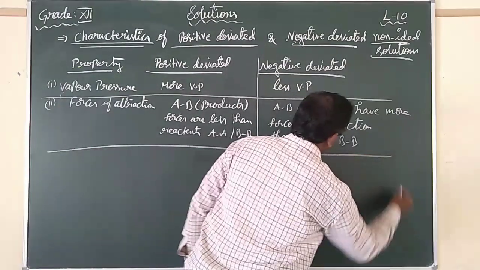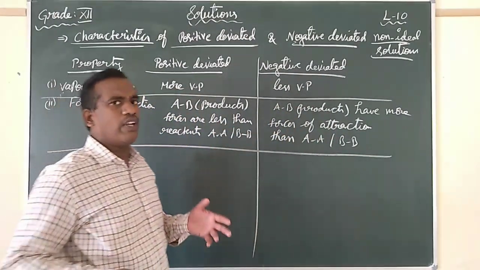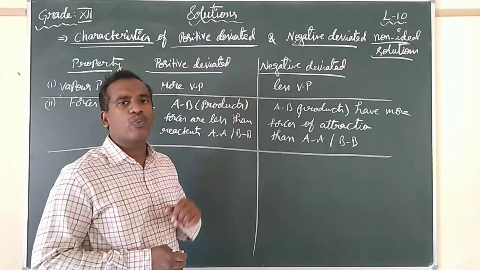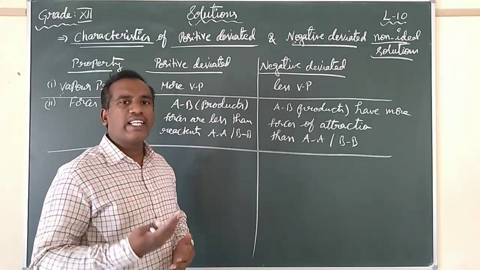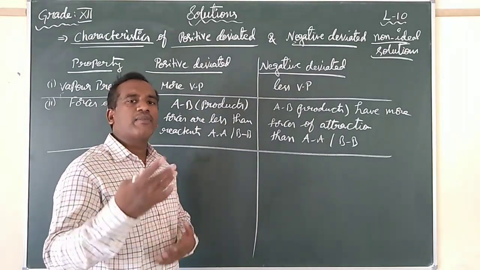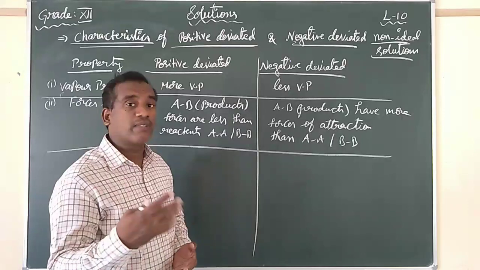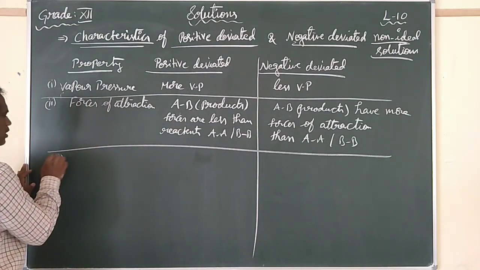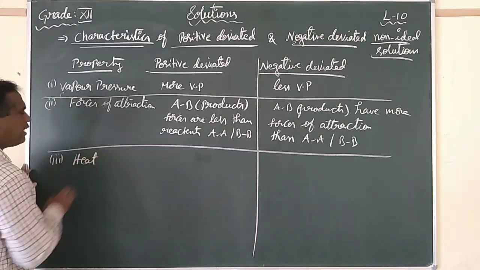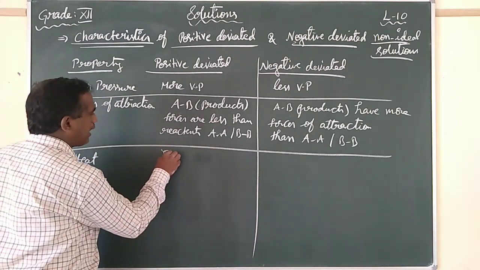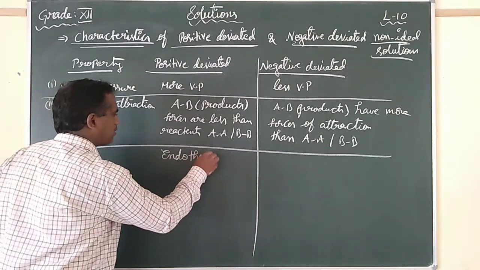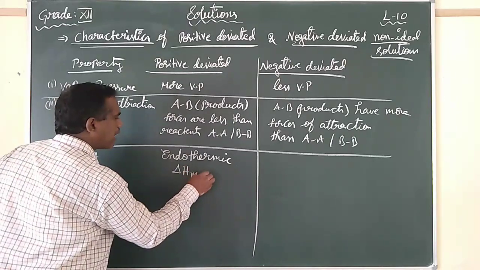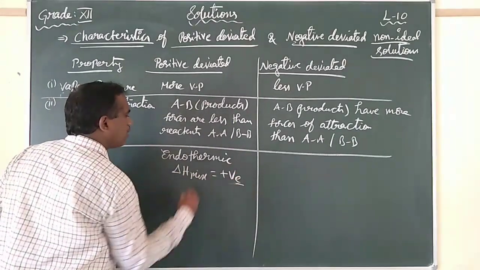And now, in order to break the bond, like the bond formed between two ethanol molecules, we need to supply some amount of heat. So, the third property is heat. These may be endothermic reactions, so the enthalpy for endothermic reactions will be positive.